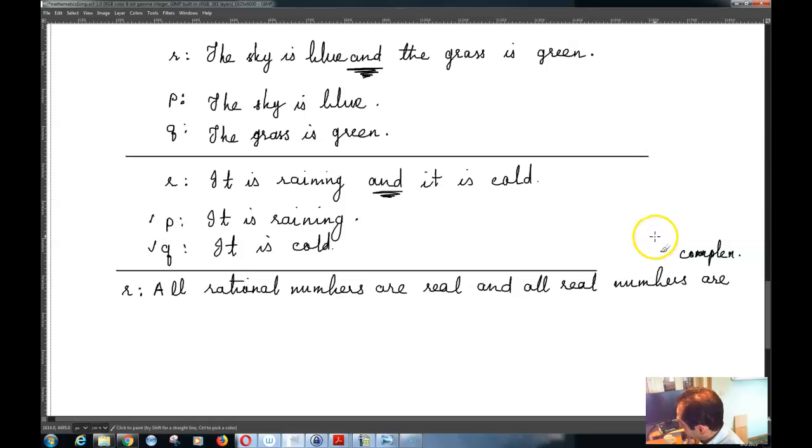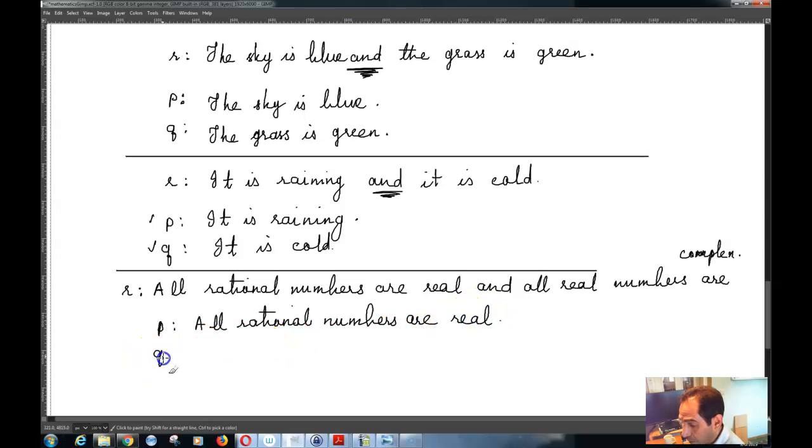So the component statements of this compound statement would be P: all rational numbers are real, and Q: all real numbers are complex.